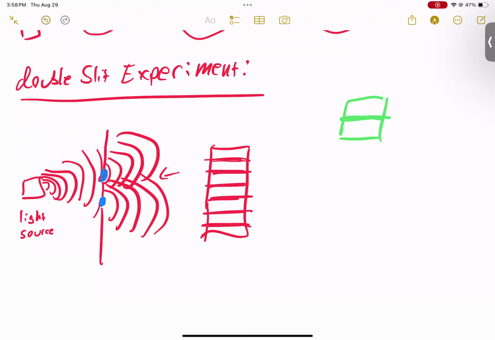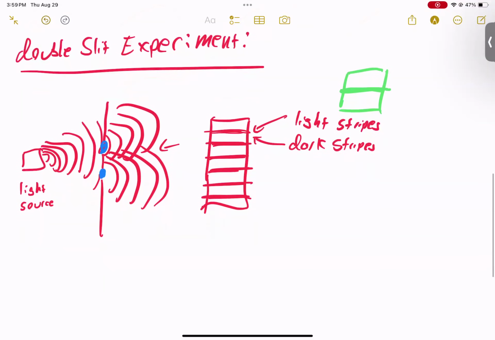Just pretend that this is the light, so bright stripes, and these are the dark stripes, the white space. That's essentially what happens when two waves intersect with each other.